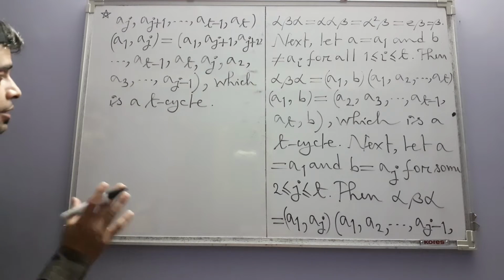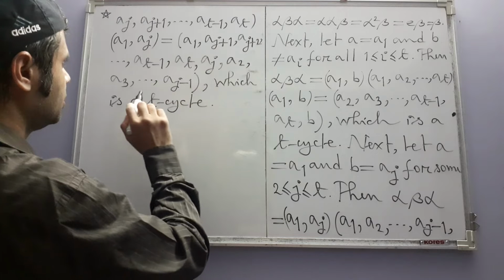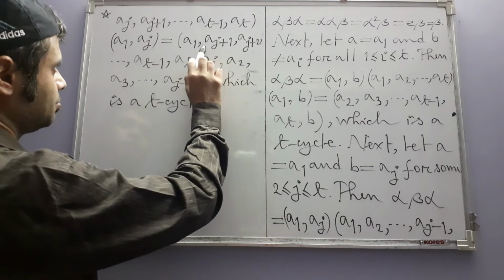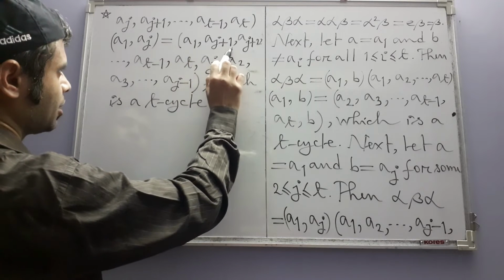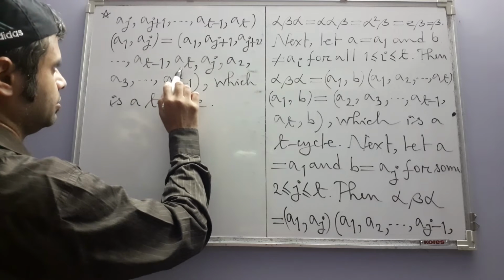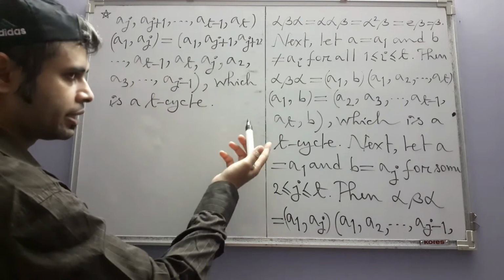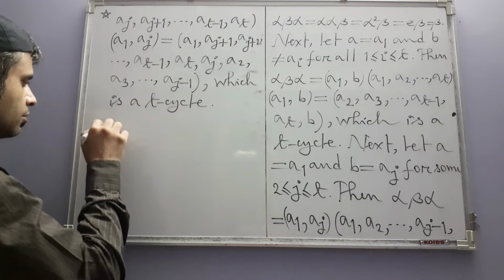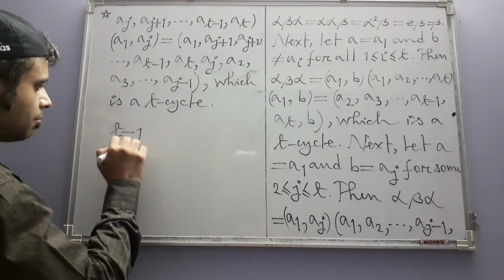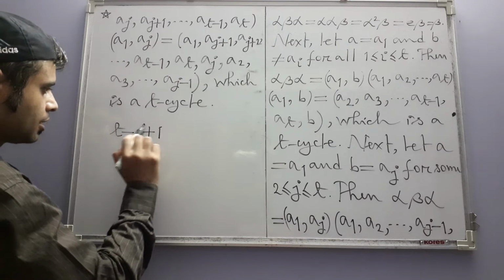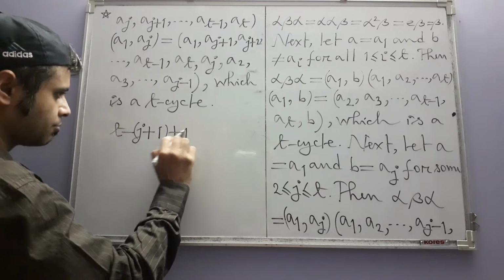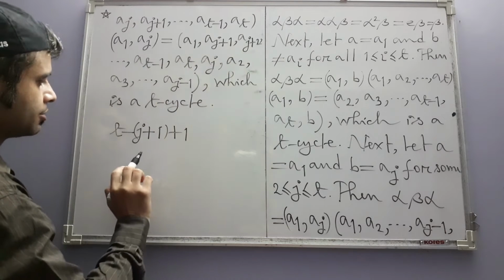Okay, but is it a t-cycle? How many symbols are there between, say, a_{j+1} and a_t, including a_{j+1} and a_t, of course? The number is t-(j+1)+1, because you have to include this also.